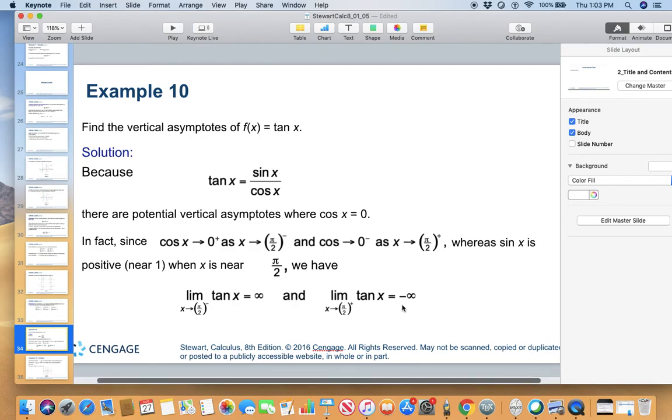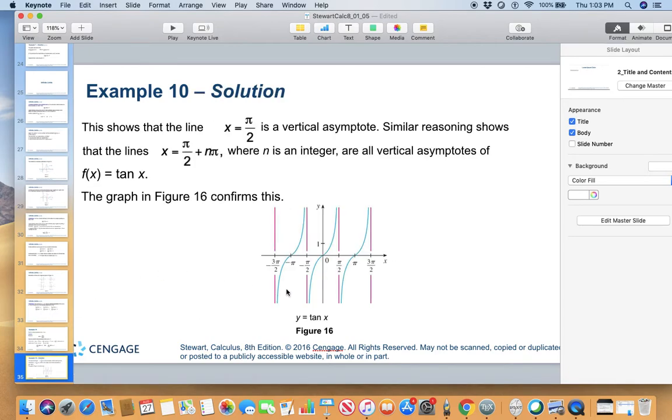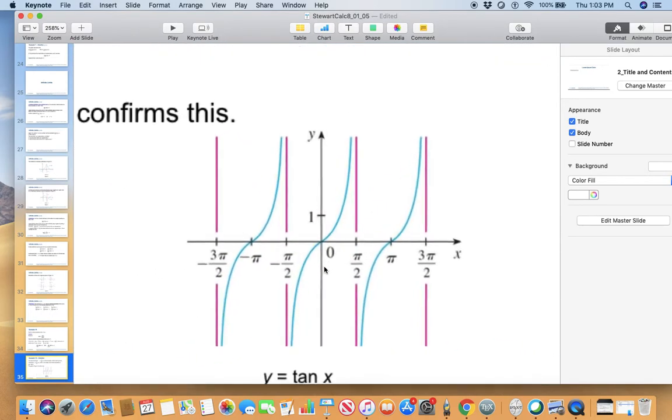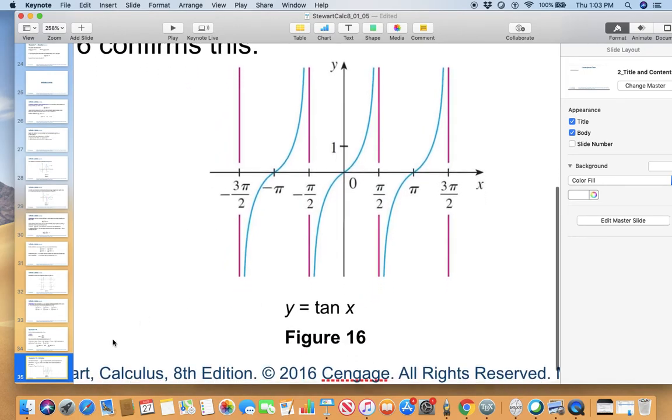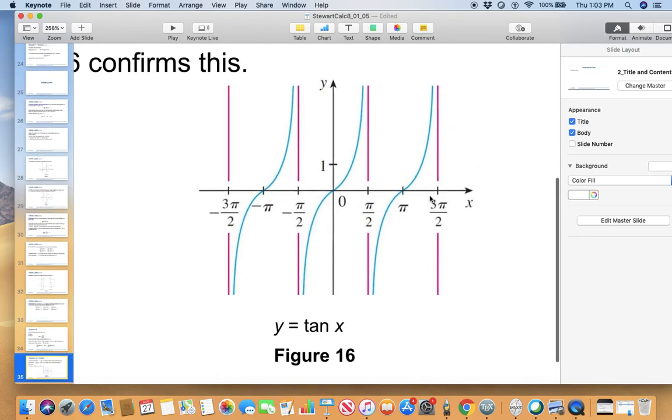The infinities are different. You can see from the picture. That's 0 there. Here is pi over 2. The left-hand limit toward pi over 2 of tan is positive infinity. The right-hand limit is negative infinity. So notice, left and right-hand limits don't have to be the same infinity. They can be different infinities.